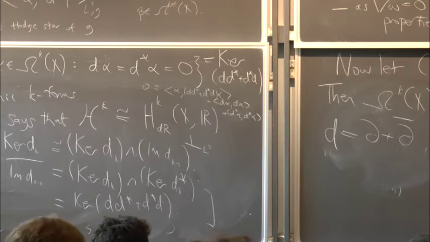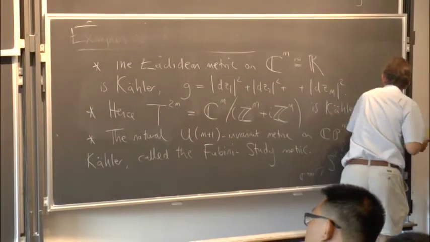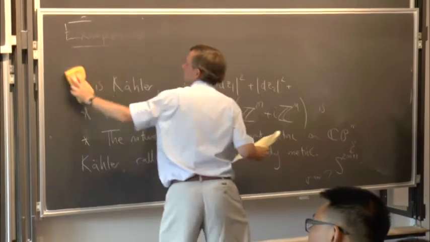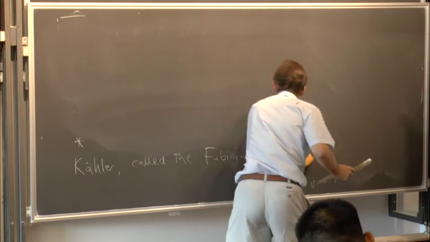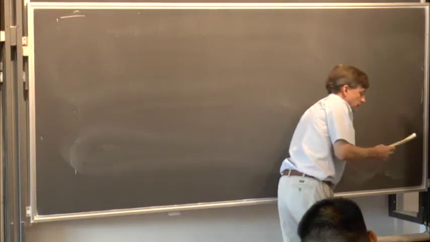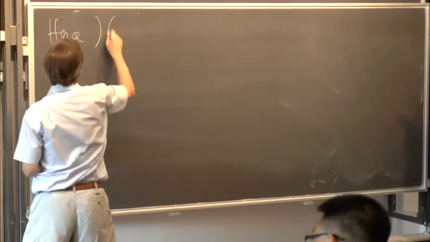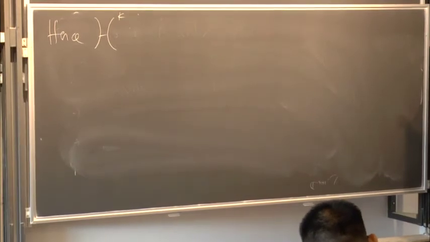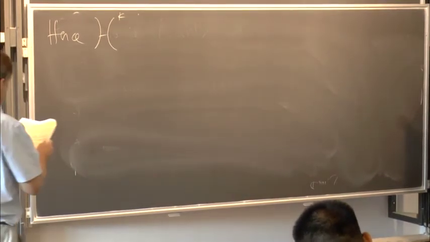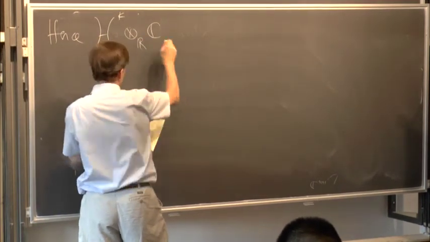So from the Kähler identities, we can deduce, okay, so our vector space H^k of initially real harmonic k-forms. Well, we want to work with complex forms, so let's complexify it.